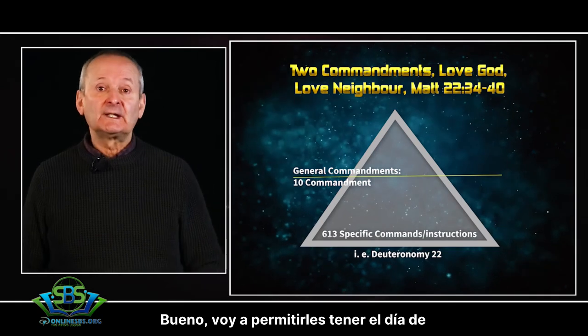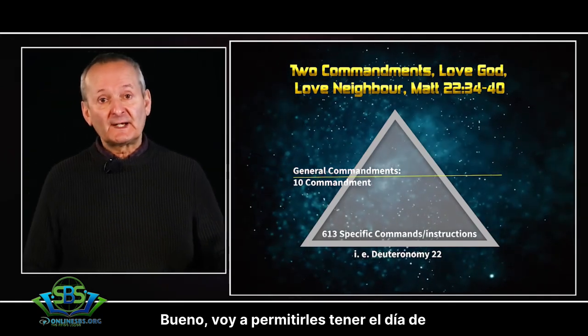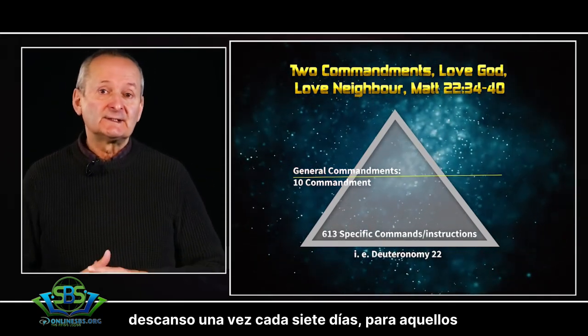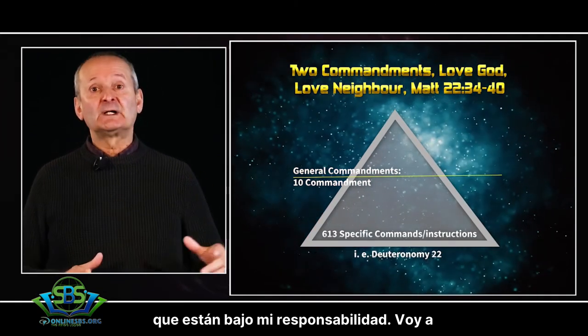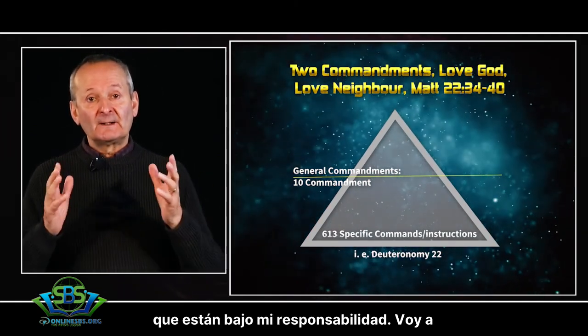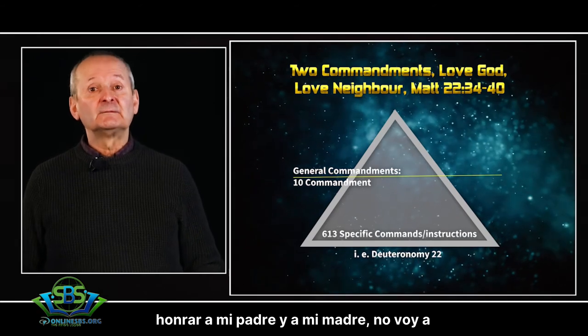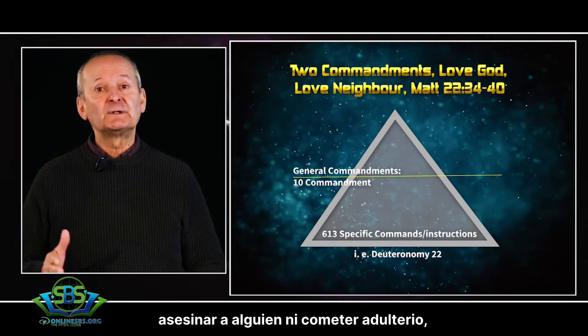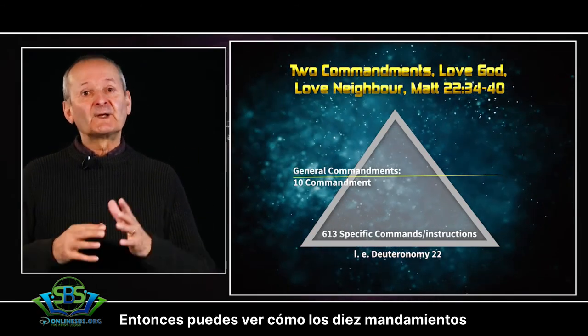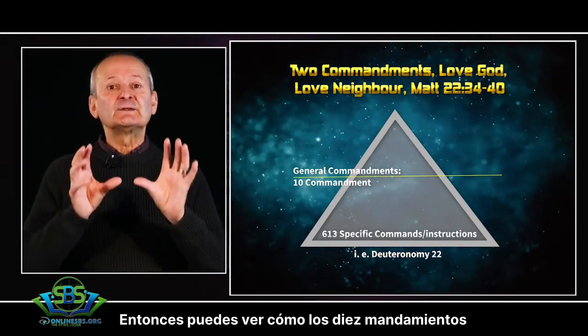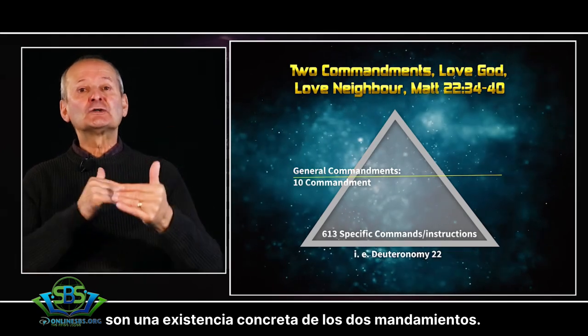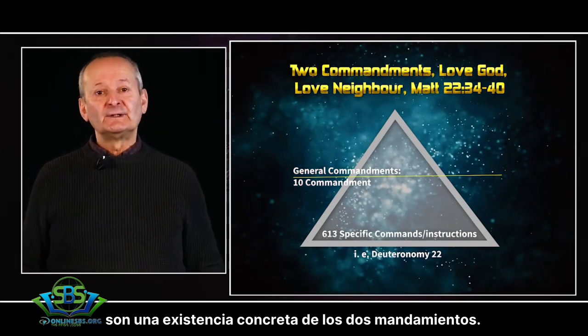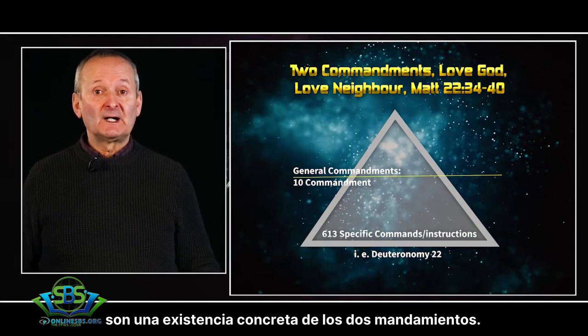Well, I'm going to enable them to have the day of rest once in seven, for those that are in my responsibility. I'm going to honour my father and mother. I'm not going to murder someone or commit adultery, etc. And so you can see how the Ten Commandments are concrete outworkings of the two commandments.